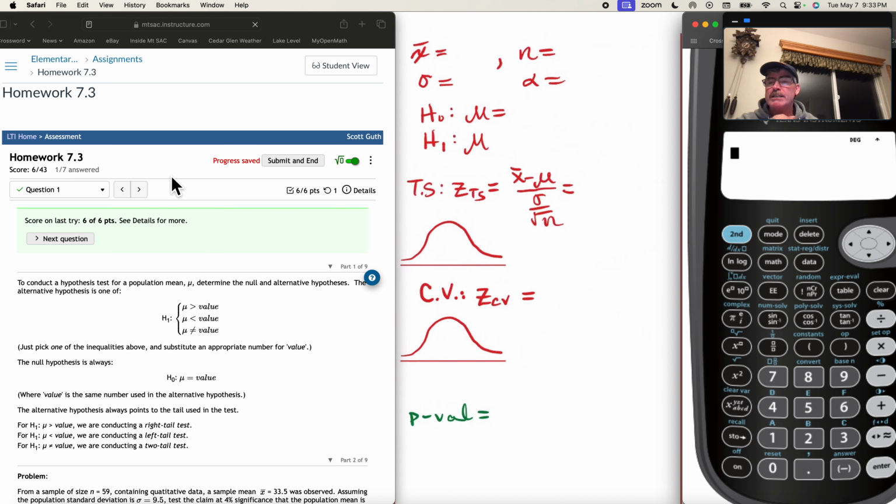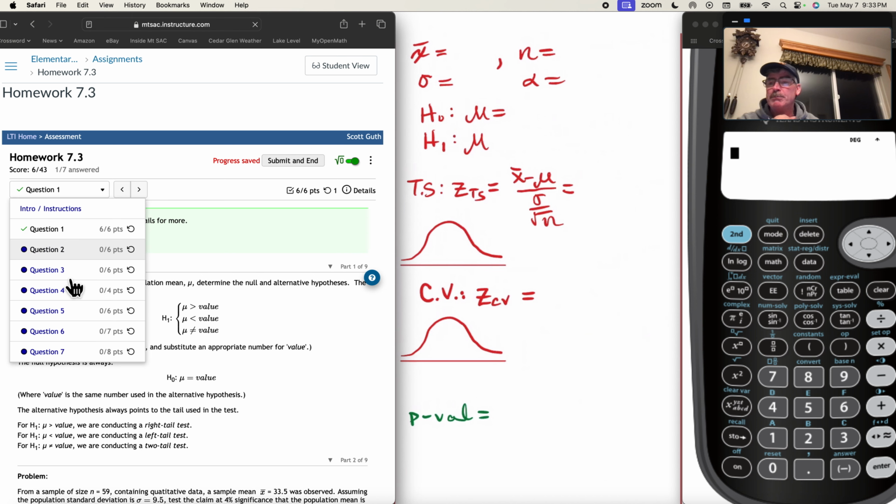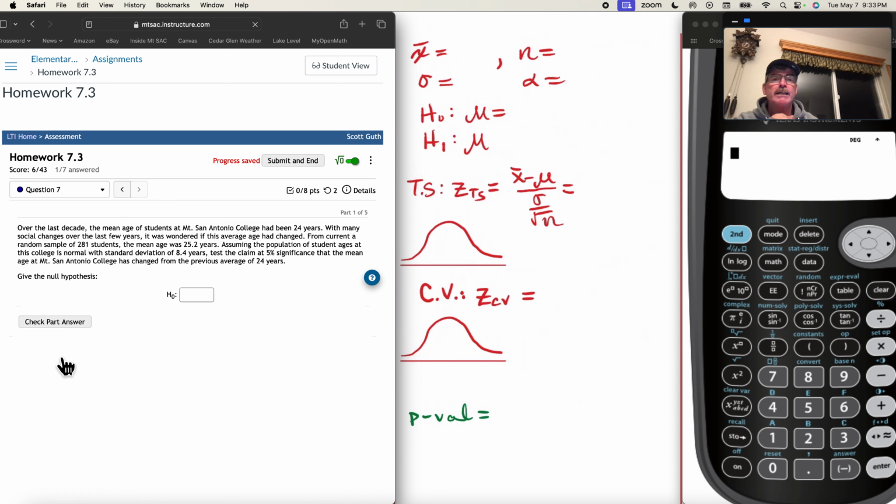Okay, so I've got this all cleaned up. We're going to jump up to question 7. This is going to be similar, but this time it's going to be in context, and I don't think it's going to be a right tail test. So here it comes. It says, over the last decade, the mean age of students at Mount San Antonio College had been 24 years.